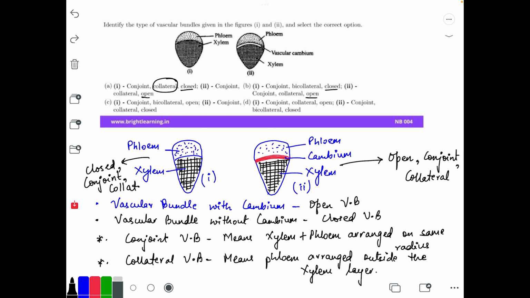Out of all four options, the first option is the correct one. So this is our correct answer. But let's take a look at the other options as well.